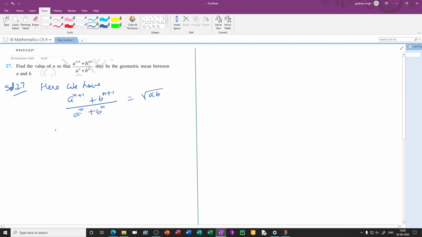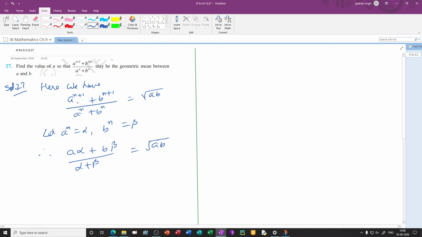So let's simplify this one. For the time being, we'll let a raised to n be equal to alpha, and b raised to n equal to beta. Therefore, this can be written as a into alpha plus b into beta over alpha plus beta equal to square root of ab.